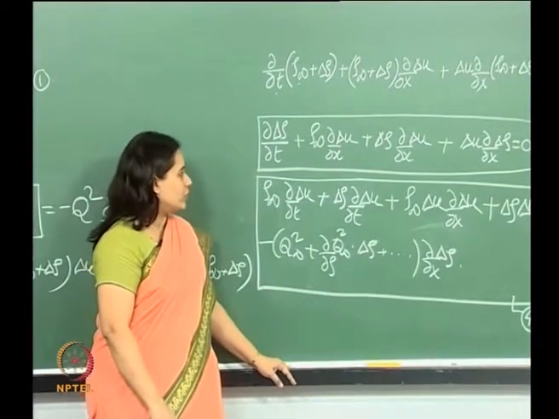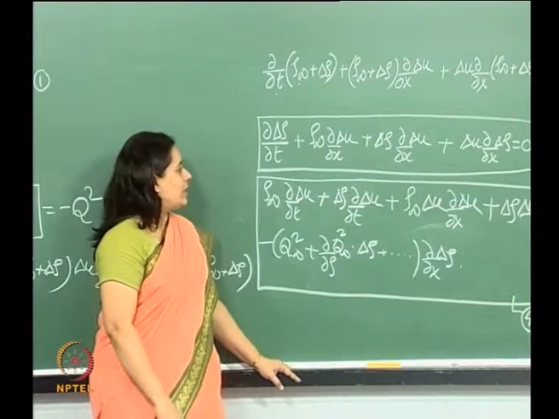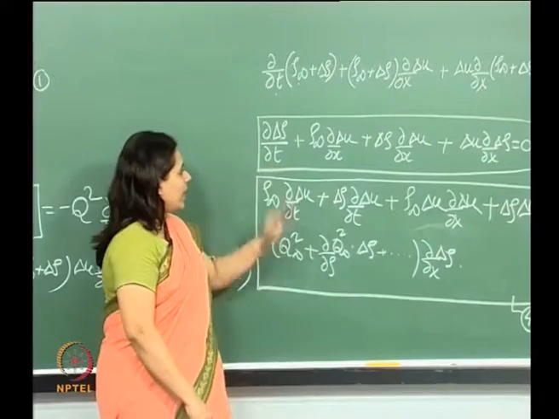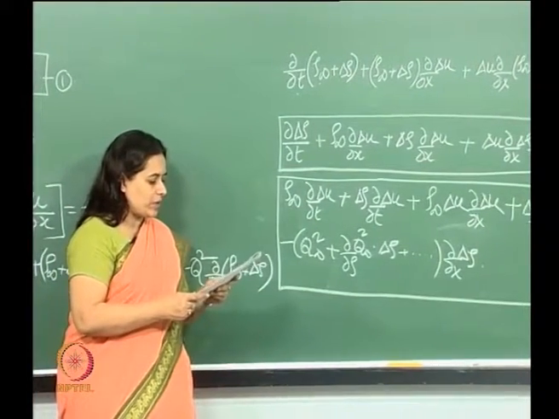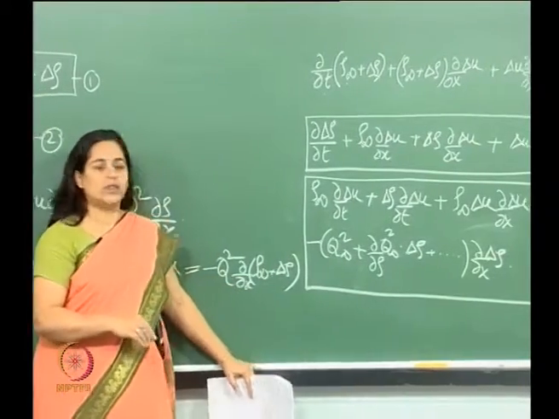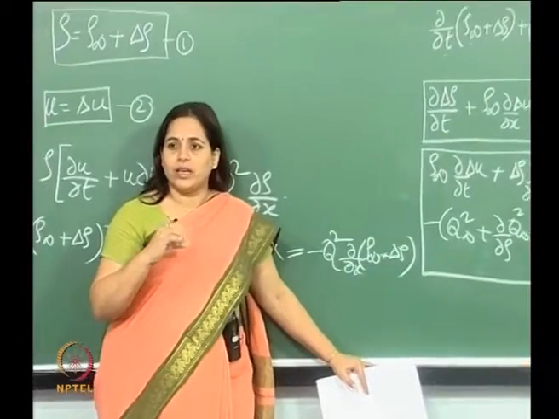So, the first thing we will do, right, is see if we can get something very simple from here. And the first thing that we can see from here, if I take something simpler, is that we will consider the wave or the disturbance to be very weak.